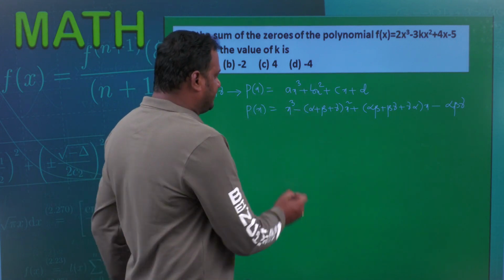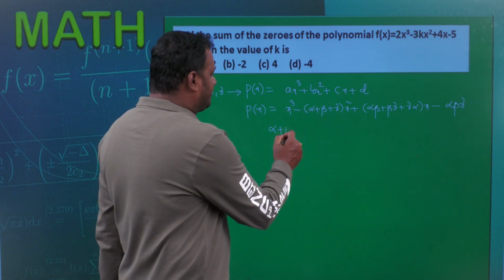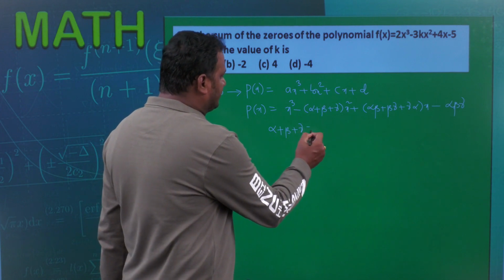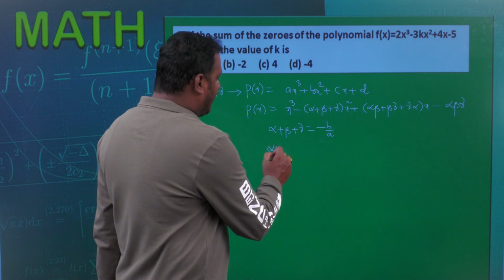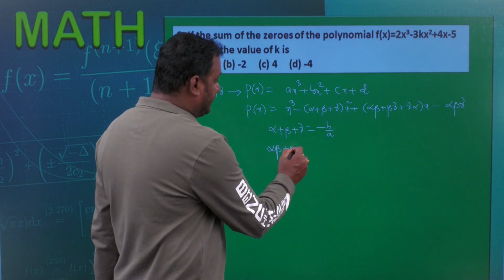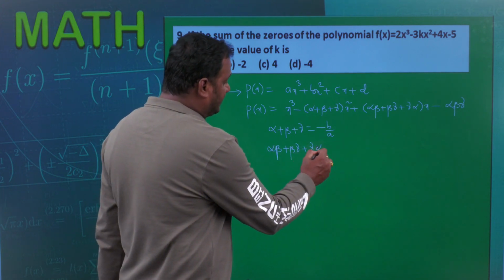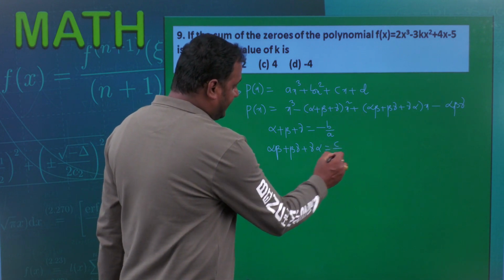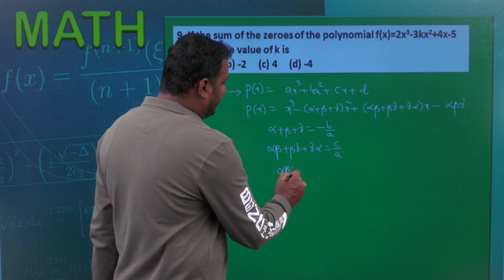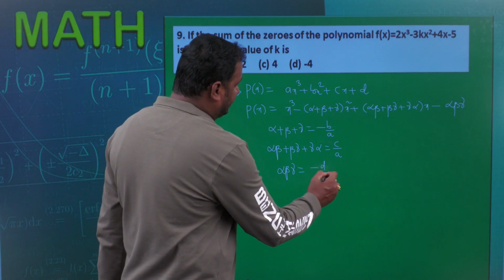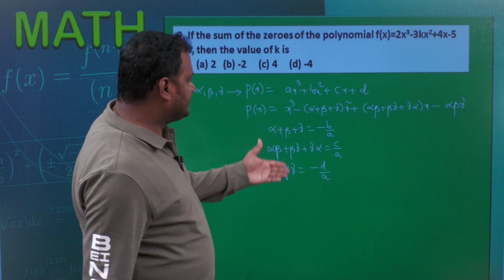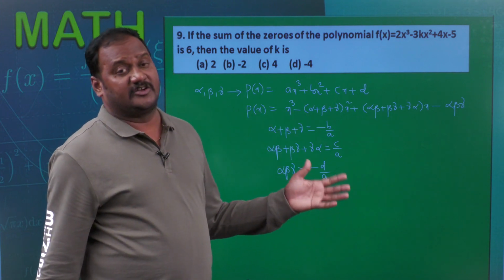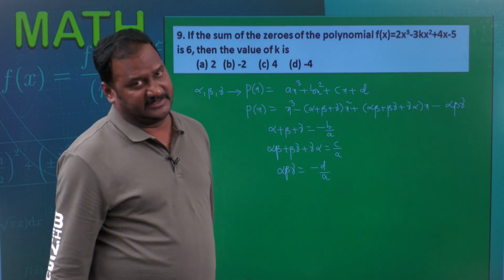When you compare both of them, then I get alpha plus beta plus gamma is equal to minus b by a, and alpha beta plus beta gamma plus gamma alpha is equal to c by a, and then alpha into beta into gamma is equal to minus d by a, right? This is the relationship between zeros and coefficients of a third degree polynomial.